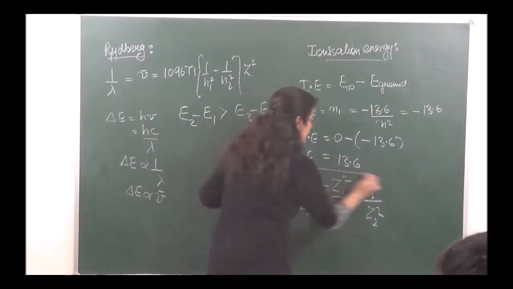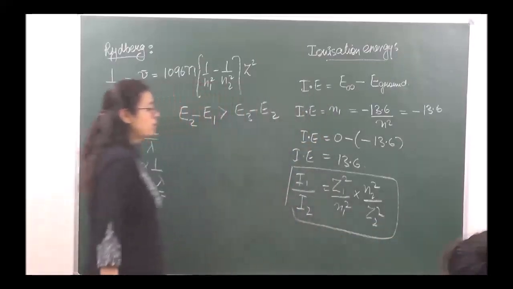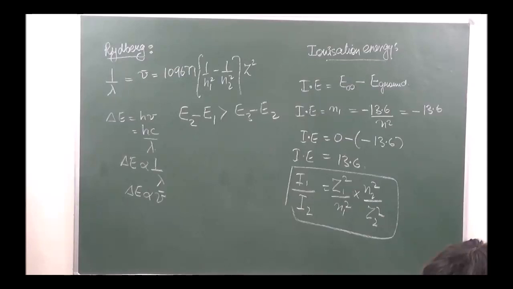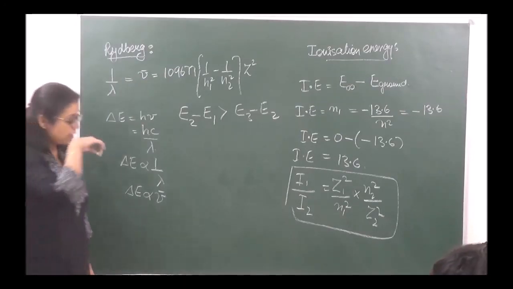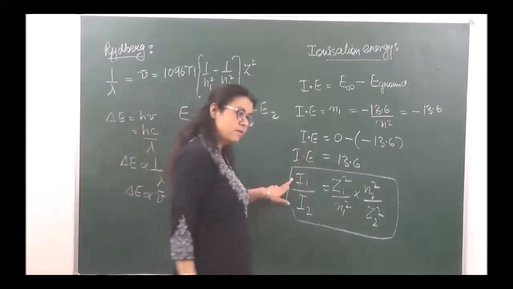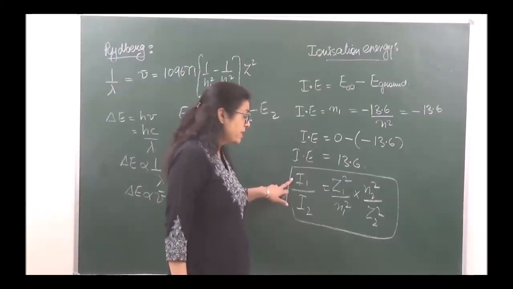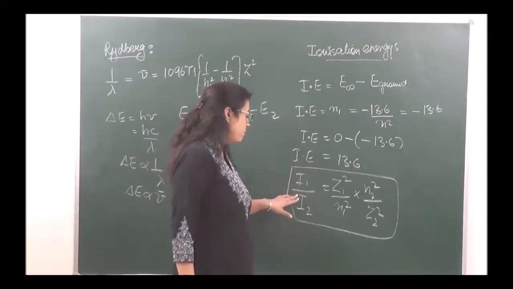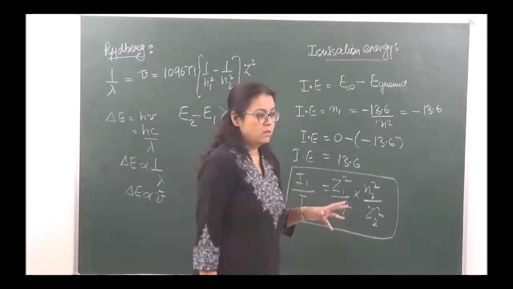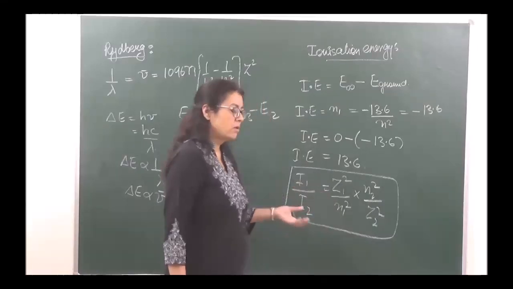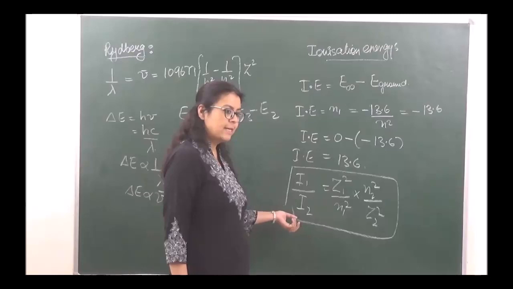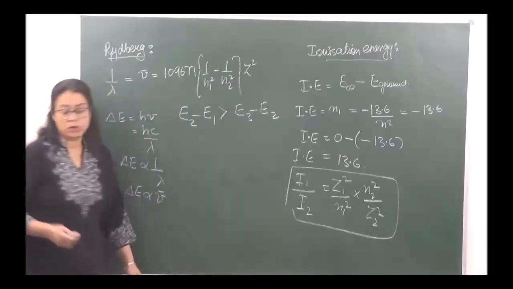This is again a very important formula. So if the ionization energy of one level is given to you, for example they ask you to calculate the ionization energy of, say, lithium in the second level, you can calculate it by this formula. Is it clear? So this is again an important formula.